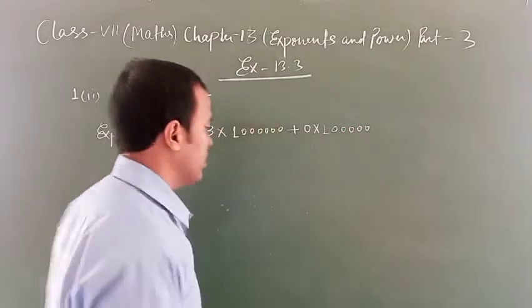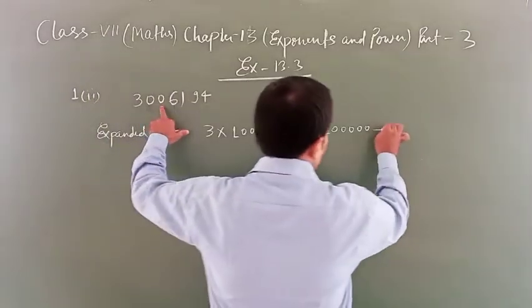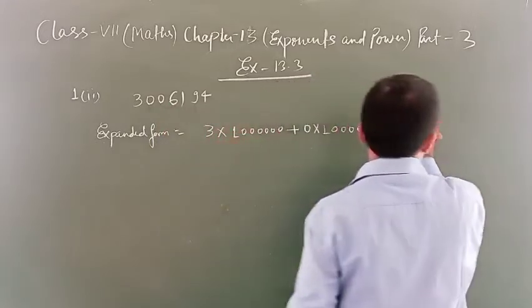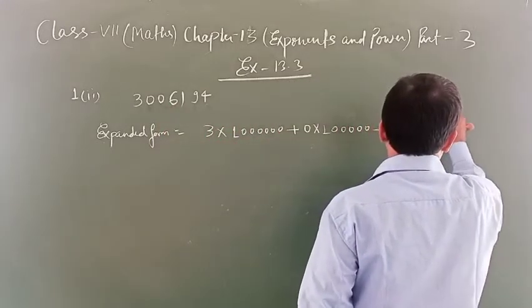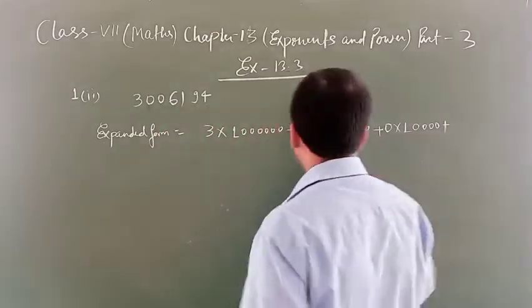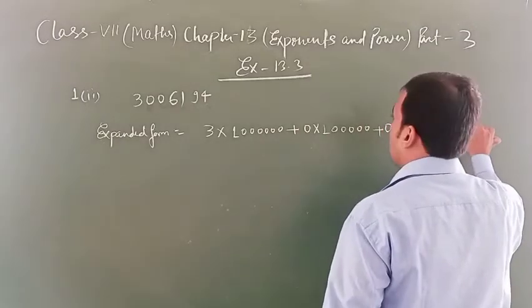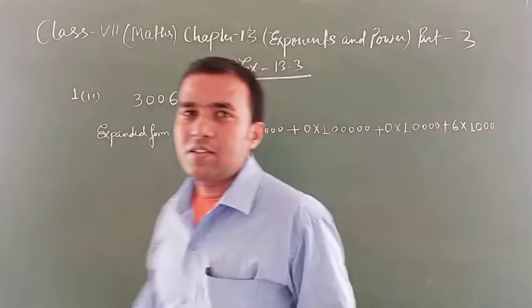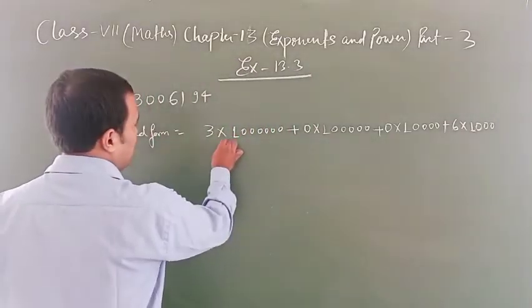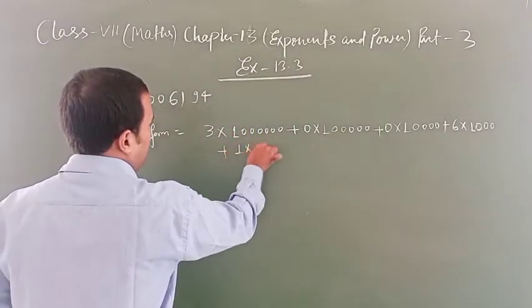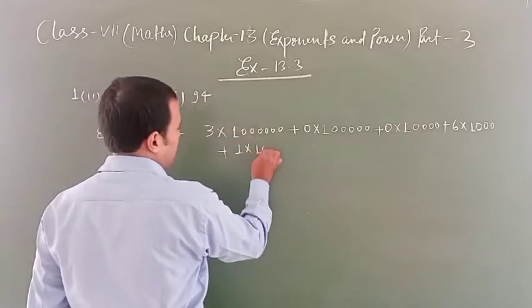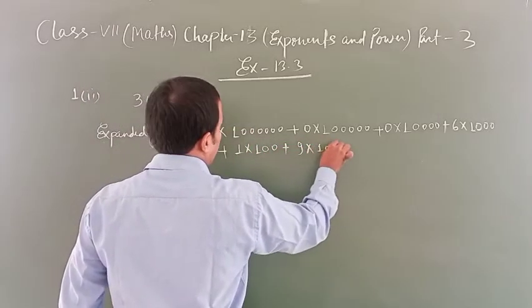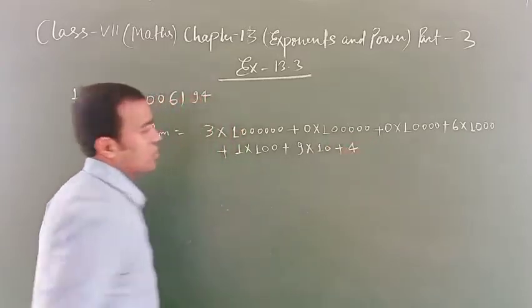That's why we have written 0 plus 0. Then 6 multiplied by 1000, plus 1 multiplied by 100, plus 9 multiplied by 10, plus 4.